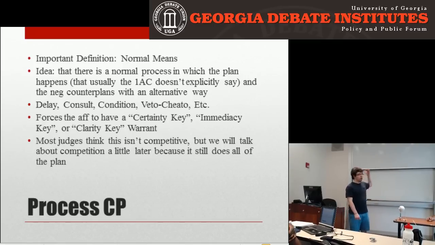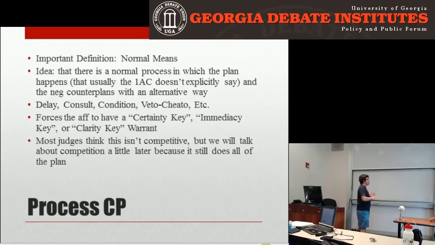So it goes through Congress, the executive signs it, the courts do this. It has to be immediate, it has to be unconditional, because that's what your plan text says. You can't move away from what your plan text says. And they'll say that we should change the normal means process in which a plan gets implemented and it should be done in another way.